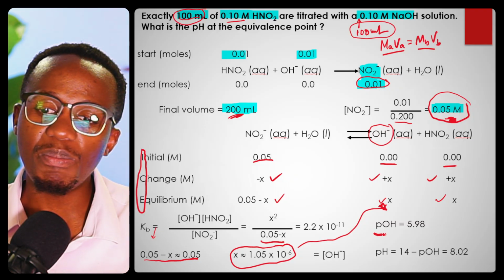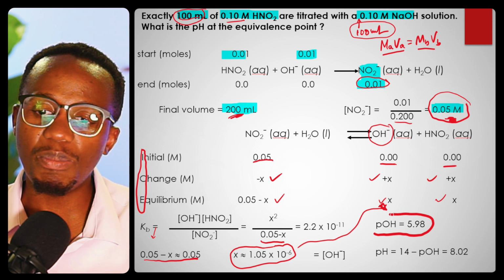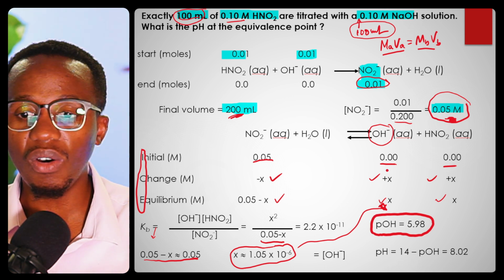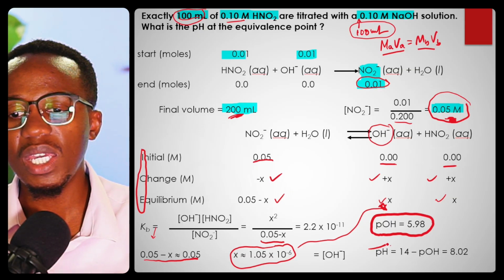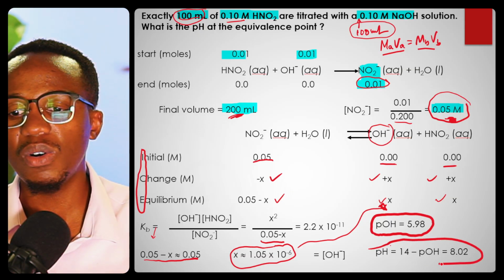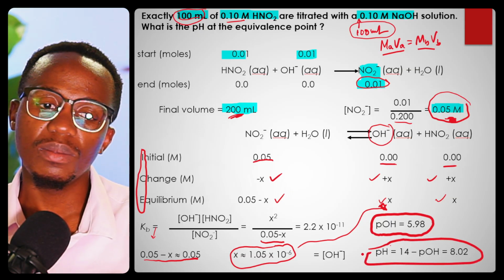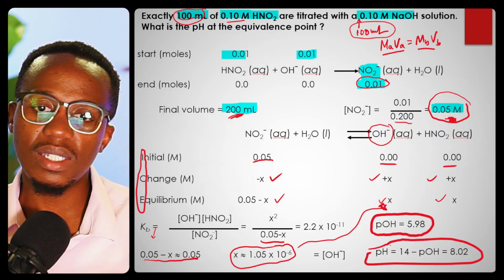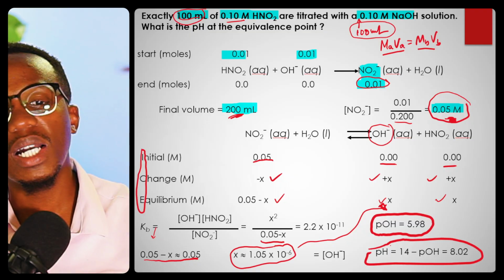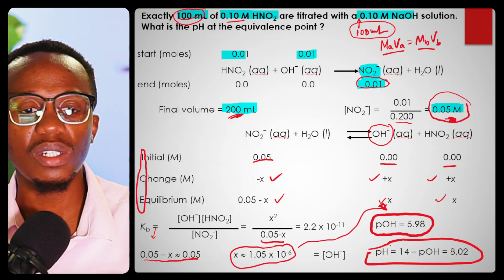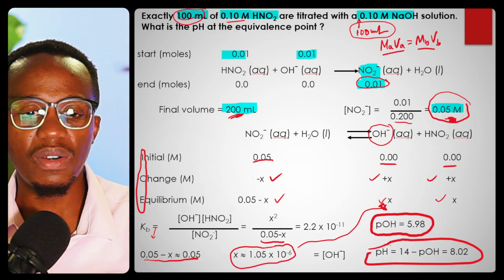We can find the pOH, right? The pOH is equal to negative log of OH, and then from the pOH we know that the pH is equal to 14 minus pOH, right? So that is how we find the pH when it comes to titration, right? Very, very important.